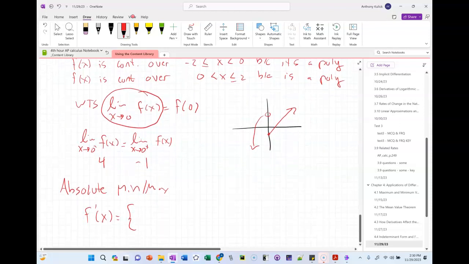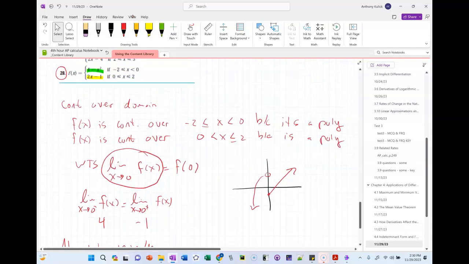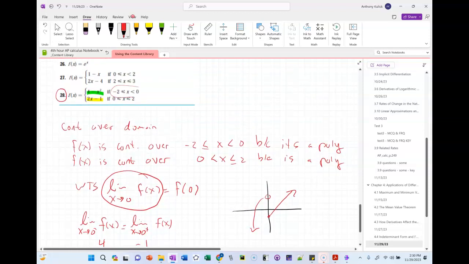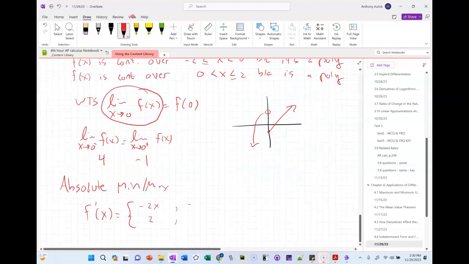So that's going to be -2x and then 2. Now I have to be a little bit careful about our domains. So this is going to go from -2 to 0, but both of those should be open.